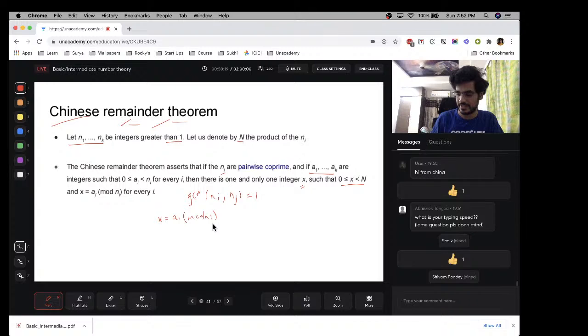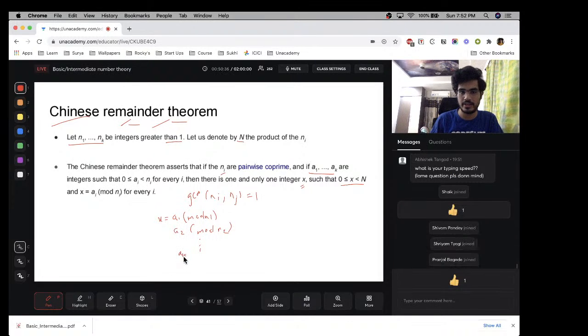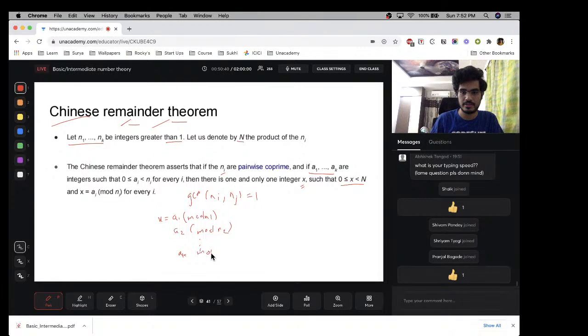Sorry for the handwriting, I don't know why my pen is not working very well. a2 mod n2, and so on up to ak mod nk.